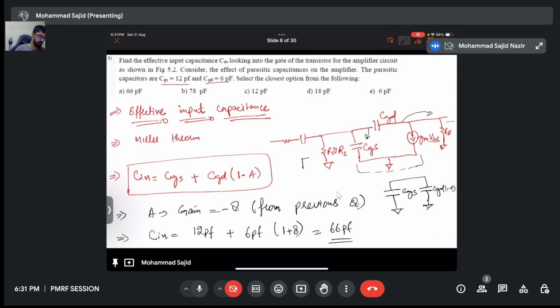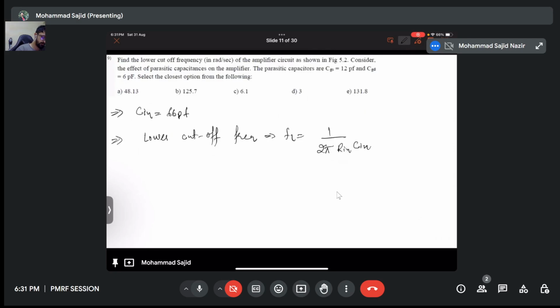If I look at this equivalent circuit, my R input is R1 parallel R2 plus this resistor, which is the series resistance.